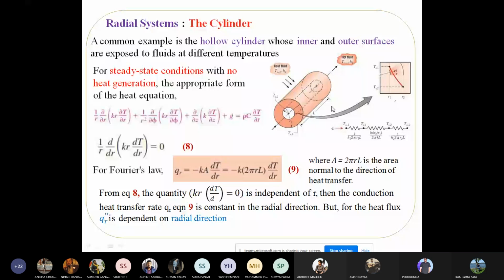So if you consider steady state heat conduction with no heat generation, we can write, as per Fourier's law, the heat rate Qr is equal to minus kA dT by dr. Why dT by dr?